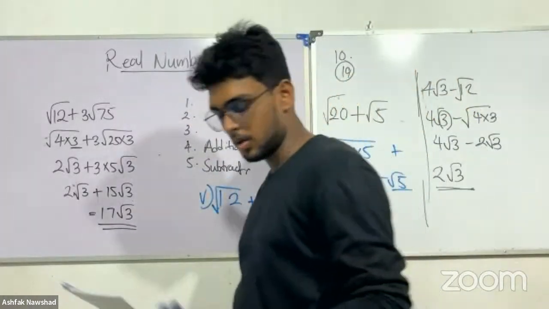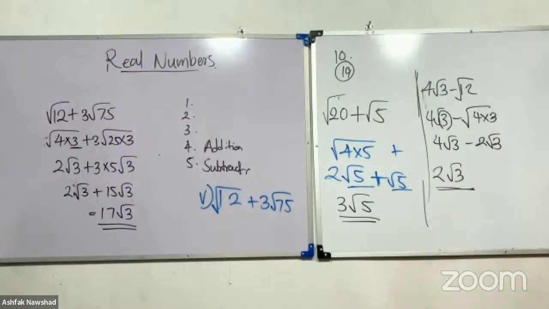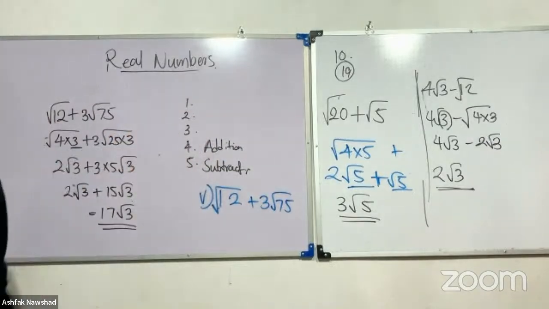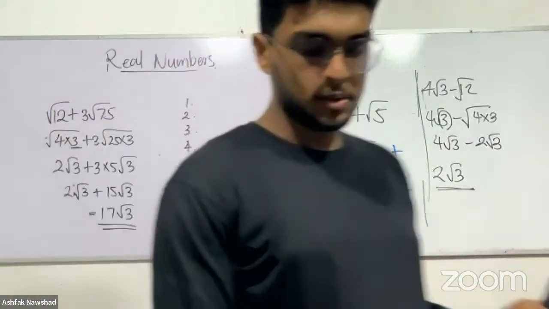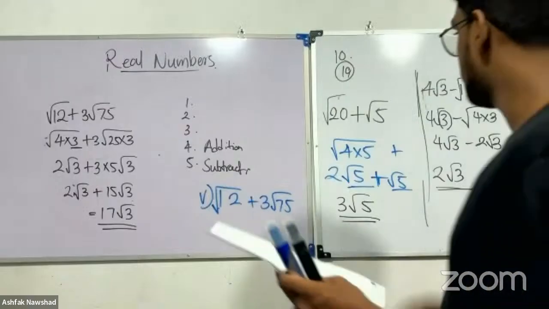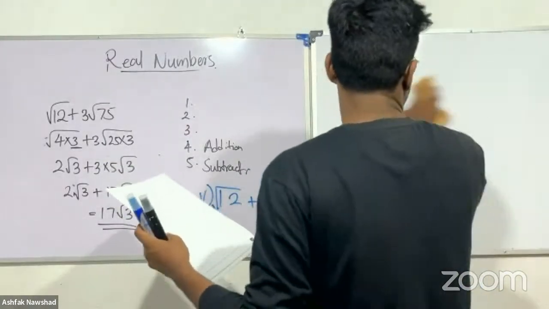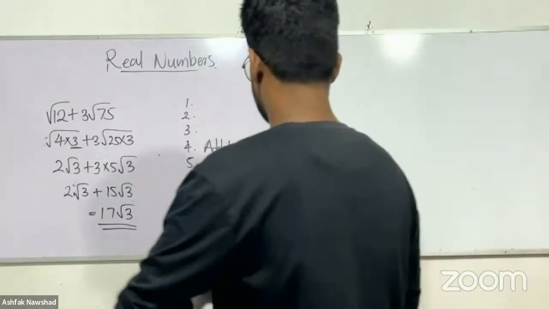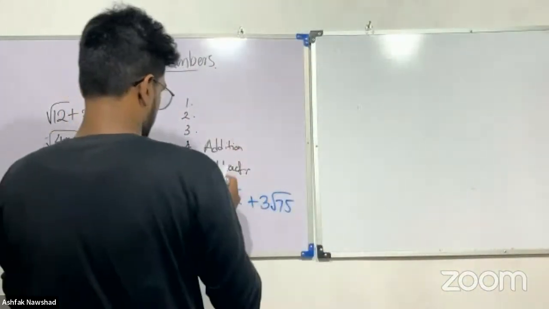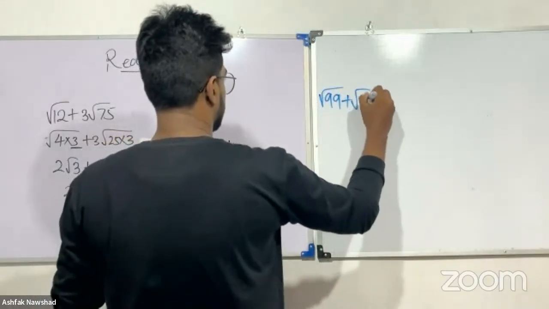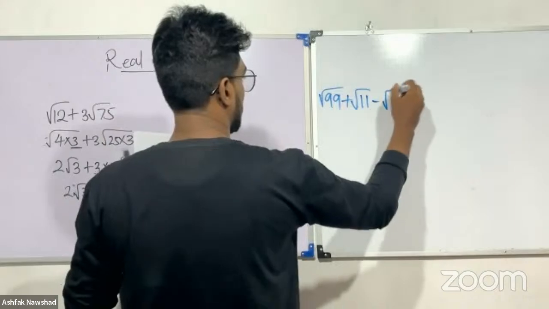Yeah. Great. So finally, I need you to do question number 12, and then we can move on to the next two operations. Do that alone. Question number 12, the last question on page 11: root 99 plus root 11 minus root 44.